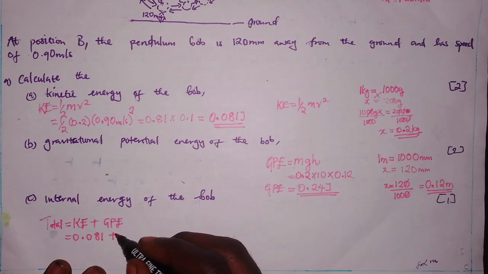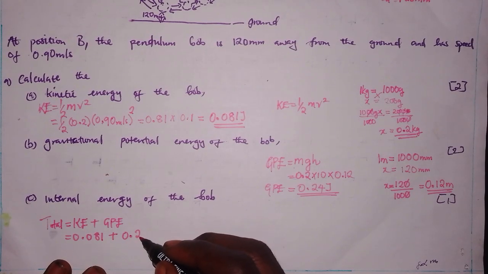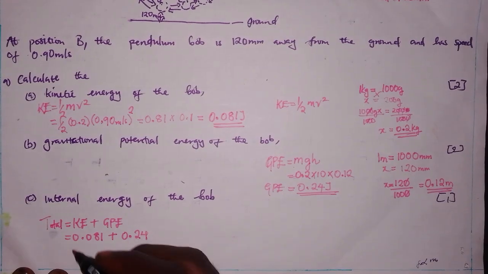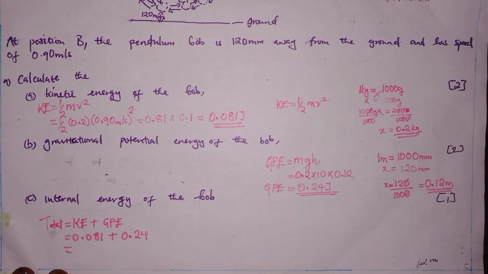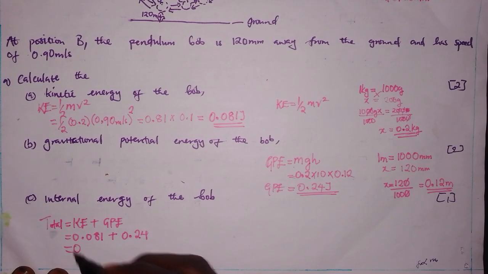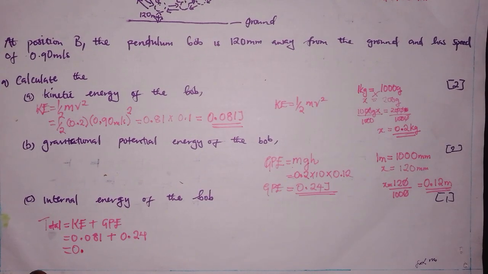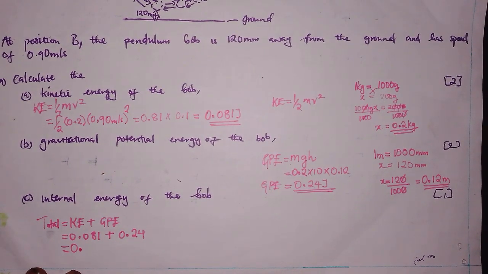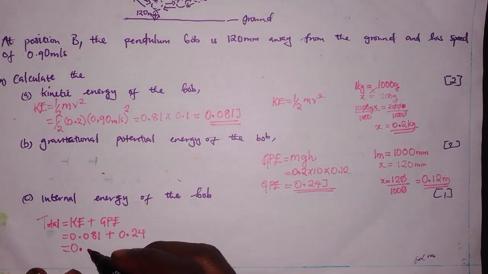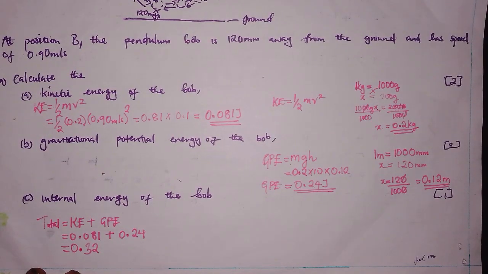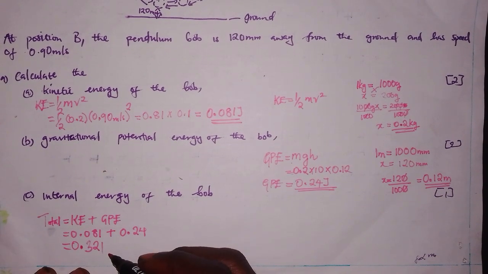0.081 plus 0.24. If you add, you punch on the calculator and find your answer to be 0.321 as our final answer.